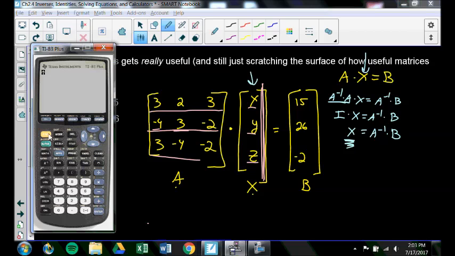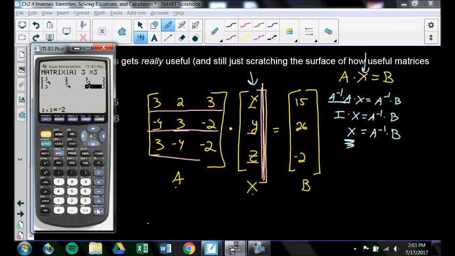So we're going to go to second, x to the negative 1, which is right here. I'm going to edit matrix A, which is a 3 by 3, and I have to overwrite these old ones from a previous matrix. So here I'm going to put 3, 2, 3, negative 4, 3, negative 2. Sorry, 3, negative 4, negative 2.